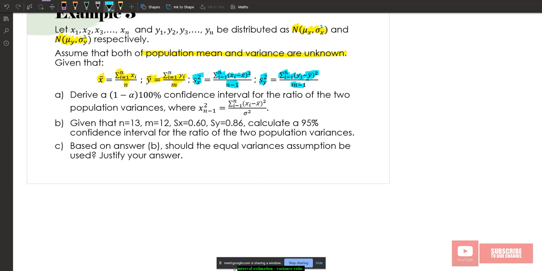So the first question is to derive a 1 minus alpha 100% confidence interval for the ratio of two population variances, where n minus 1 s squared divided by sigma squared, the summation of xi minus x bar squared divided by sigma squared, is a chi-square distribution, right?